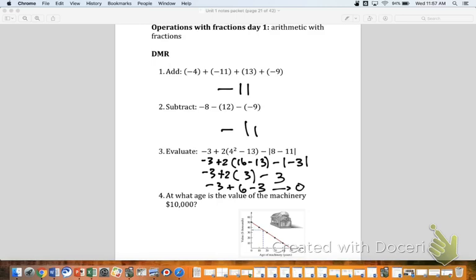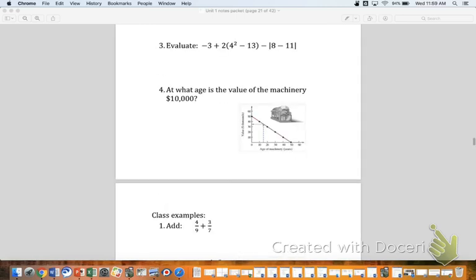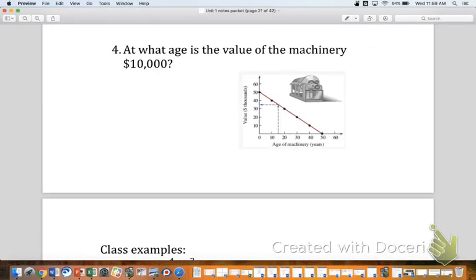And then the last one: at what age is the value of the machinery $10,000? So we're using the same graph that we did before, but we're asking a different question. This time we're going to go on the y-axis first, right? We need to find $10,000 on the y-axis, and that would be there. There's your $10,000.